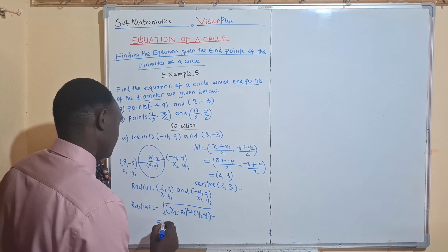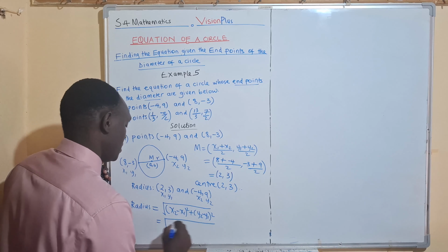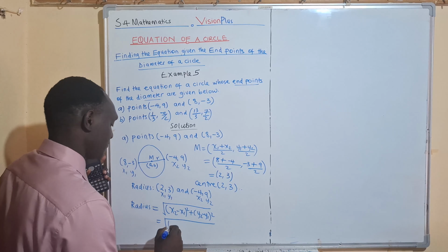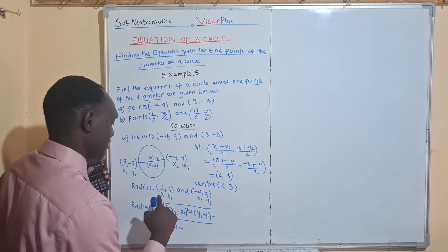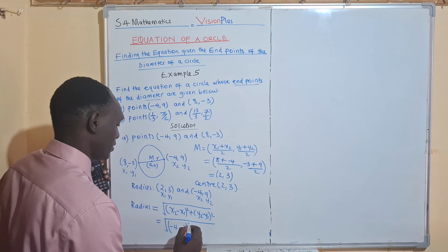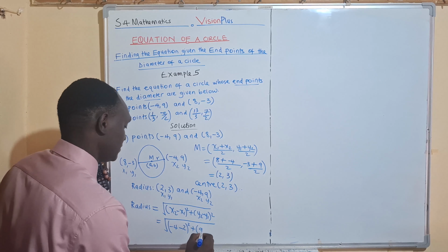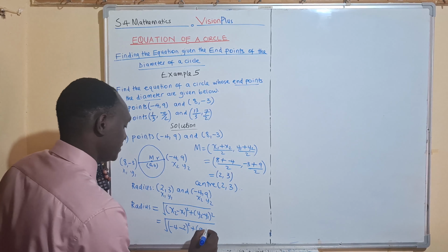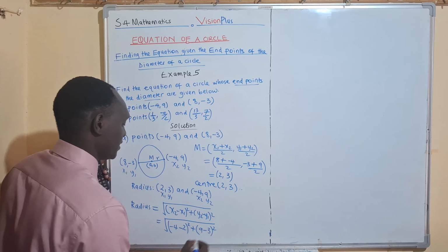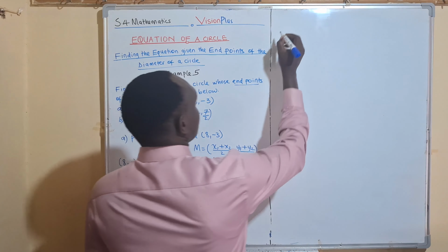We substitute: x2 is -4 minus x1 is 2, squared, plus y2 is 9 minus y1 is 3, squared. Then you press the calculator.